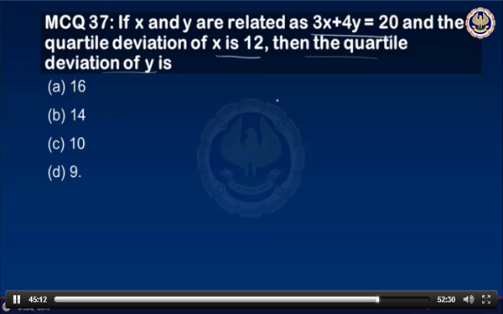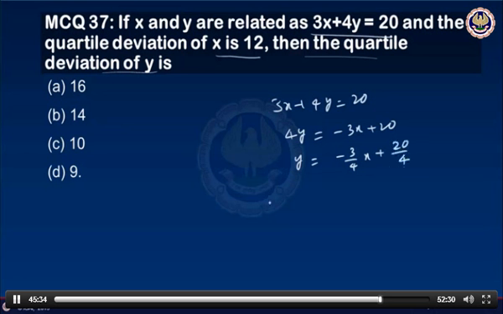Now we have to express the equation 3x plus 4y equal to 20 as y in terms of x: 4y equal to minus 3x plus 20, y equal to minus 3 by 4 into x plus 20 by 4. Now we have to find the quartile deviation of y. Quartile deviation of x is given as 12.